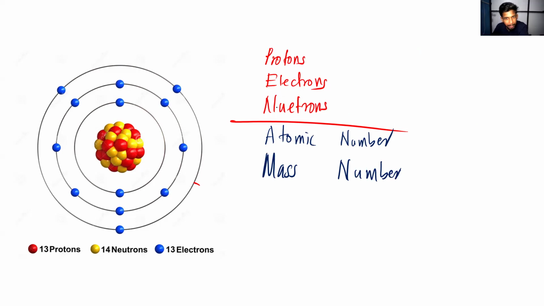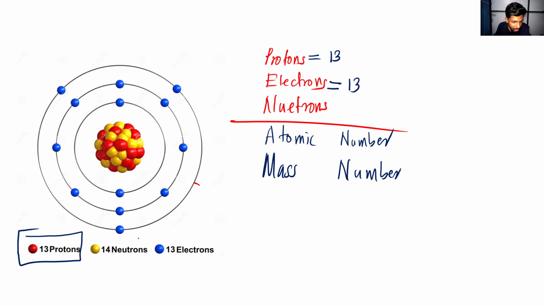Here, Bulal, how many protons are there? 13 protons are there. So proton is equal to 13. Another thing that you want to know: in an atom, proton will be equal to electrons. So that is also 13.